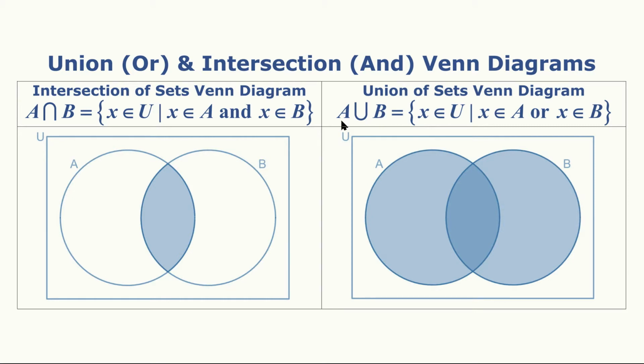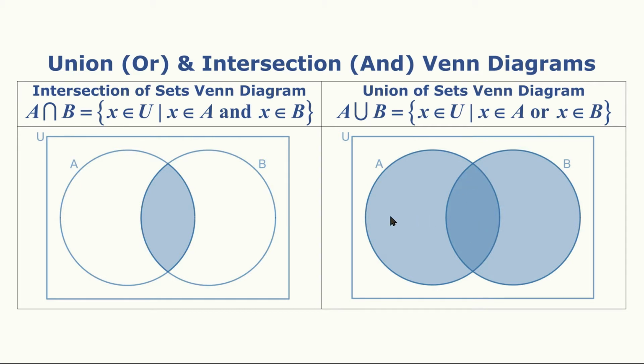For the union of two sets A and B in some universal set, what you do is you take all the elements in the universal set which are in A or B. Remember, when you see or in this context in mathematics, this is what we call an inclusive or. So that means it can be here or there or in both.